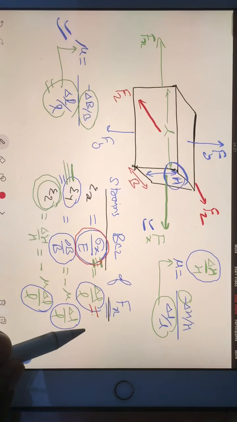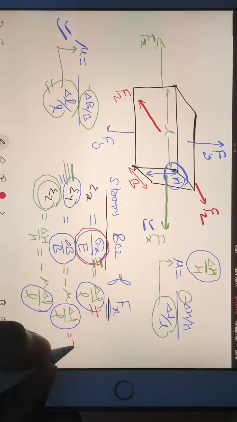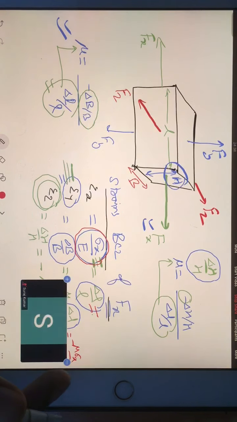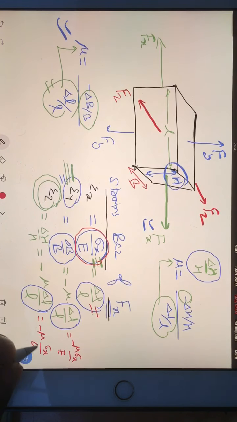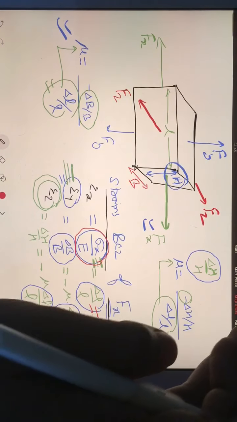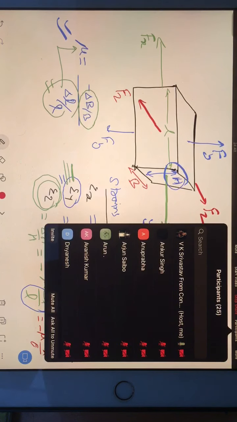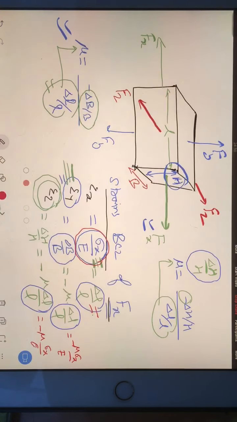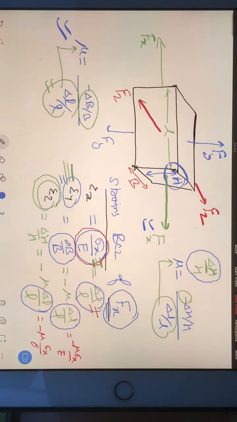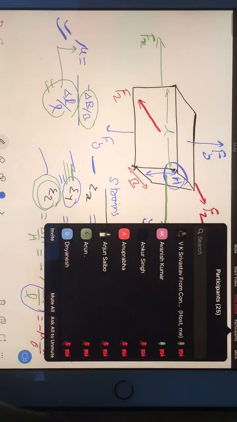This del L by L value we will replace here, so it will be minus mu sigma x by E. It will again be minus mu sigma x by E. Sorry, sigma x by E, not epsilon. I hope everyone is clear. So this effect I have included only because of Fx.